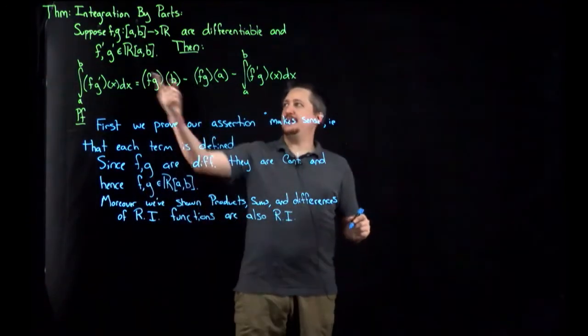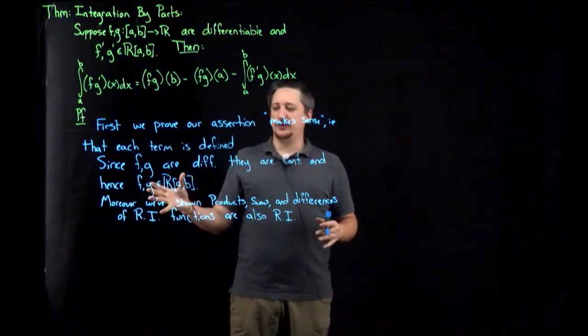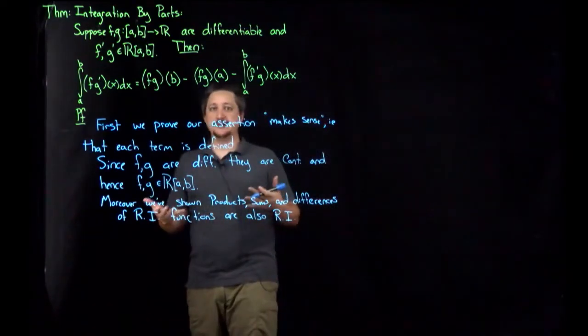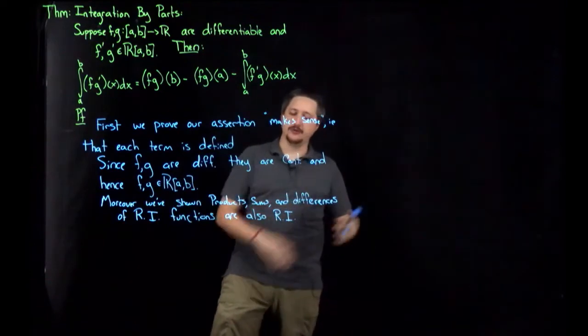So we now have that f prime and g prime, f and g are all Riemann integrable, and we've shown in the past that products, sums, and differences of Riemann integrable things are themselves Riemann integrable.